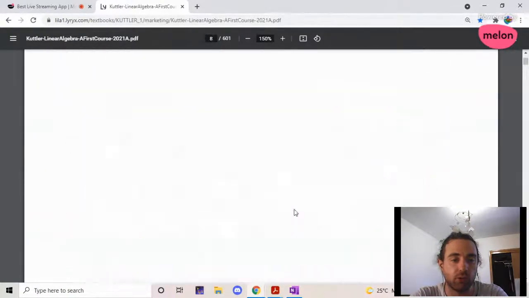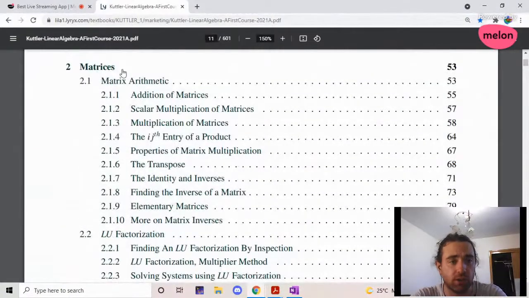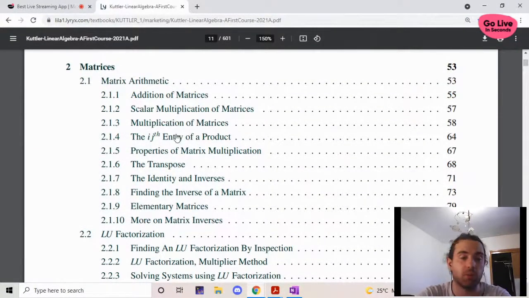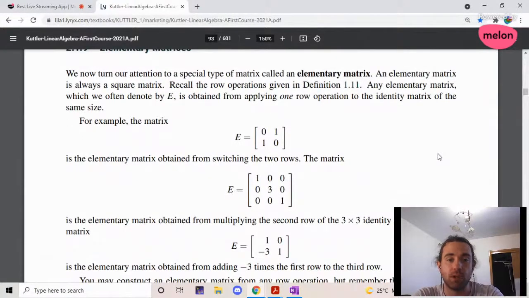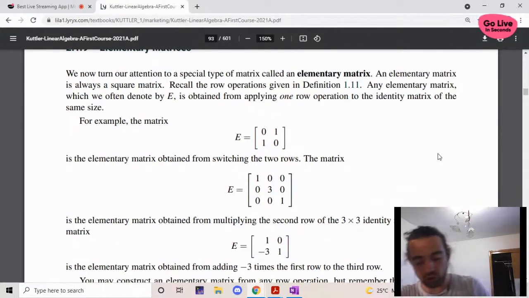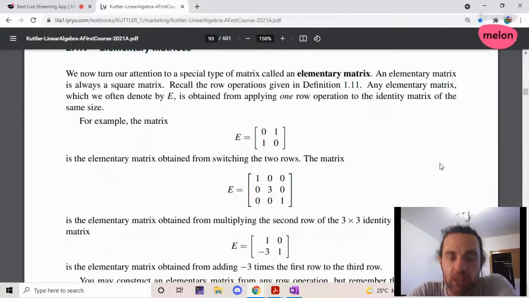So I'm going to scroll down and find the relevant section, probably under the chapter on matrices, elementary matrices. I want to go over this again, because maybe you've gotten used to working with elementary matrices so far, maybe not, and point out why we're doing this.